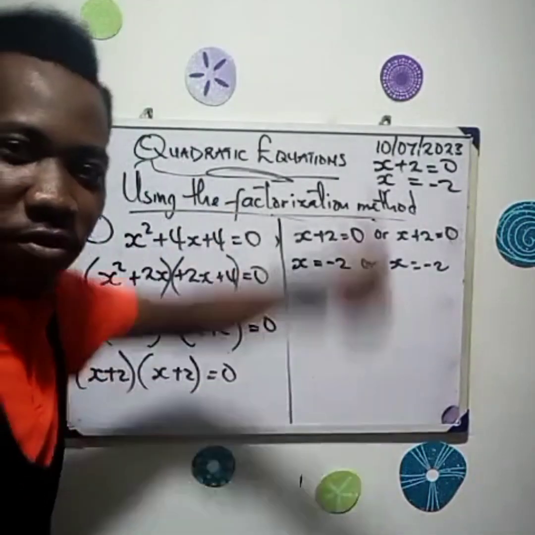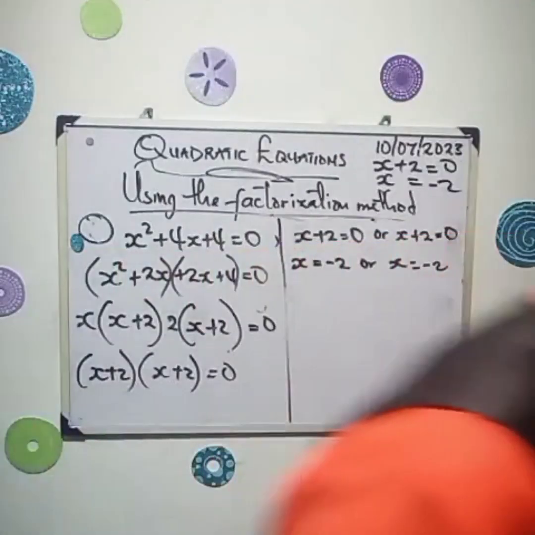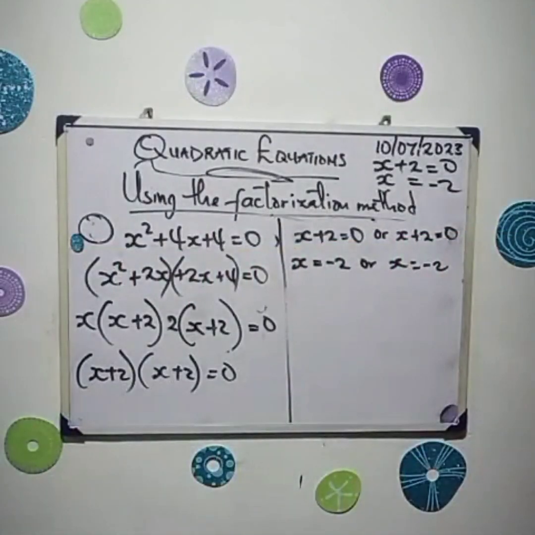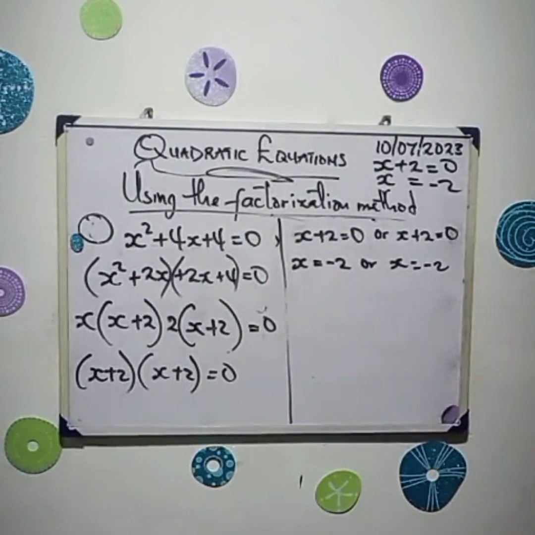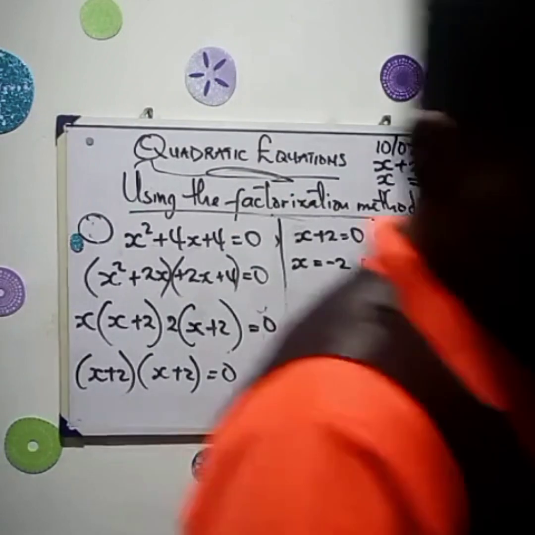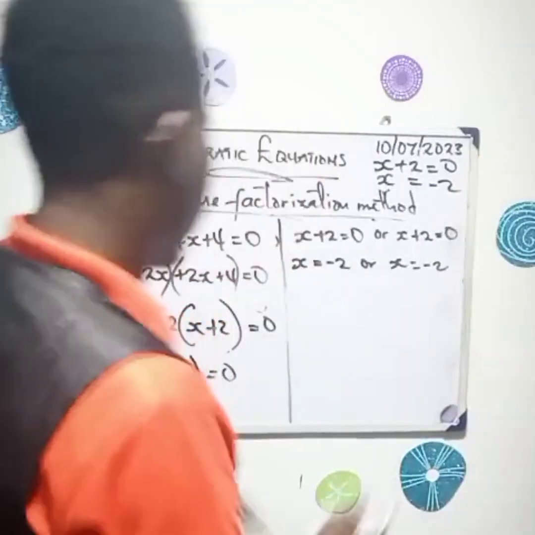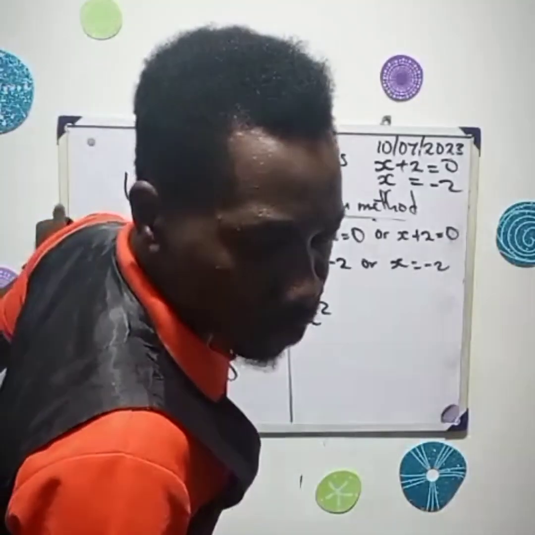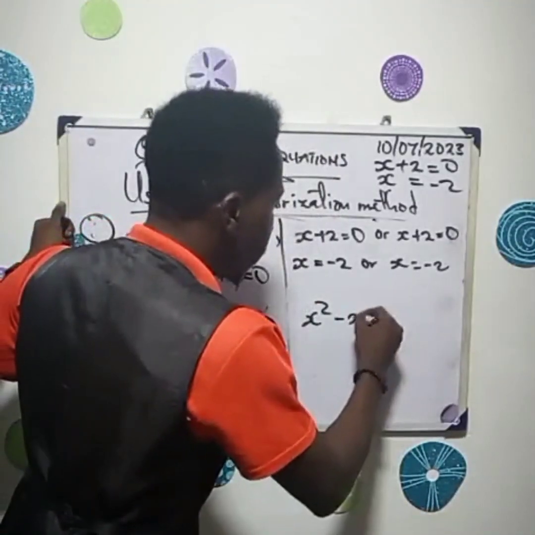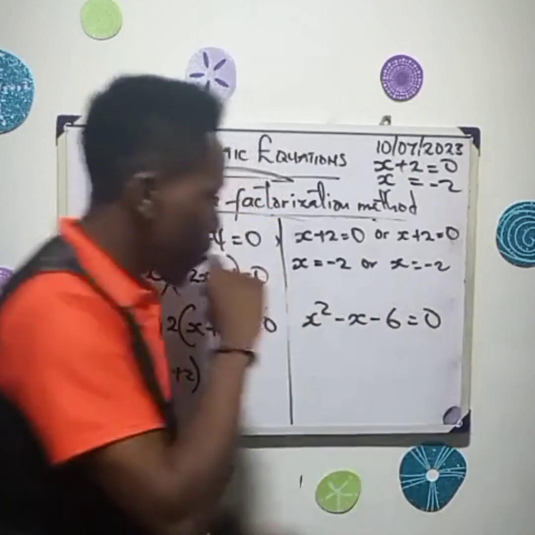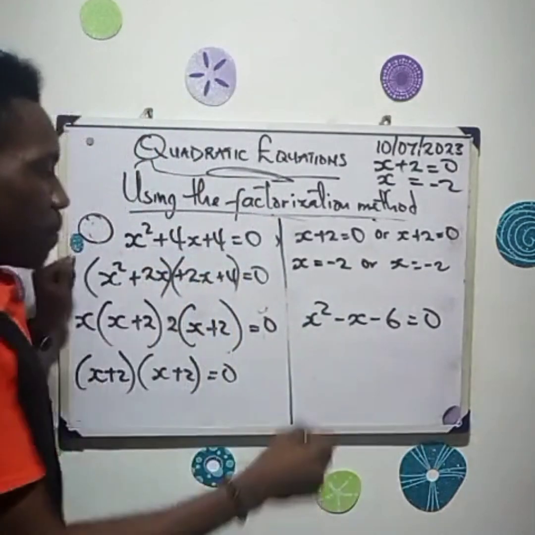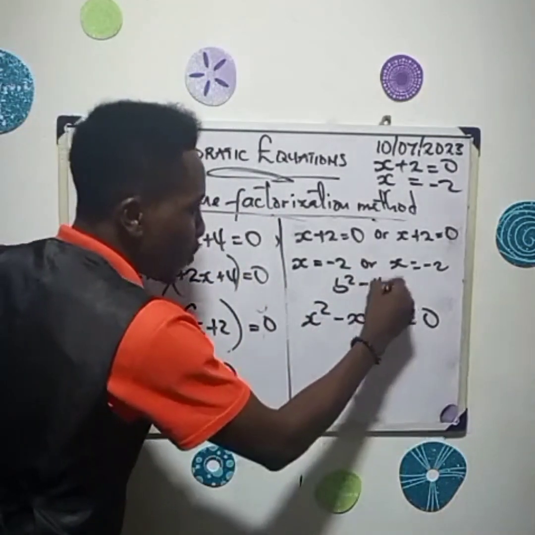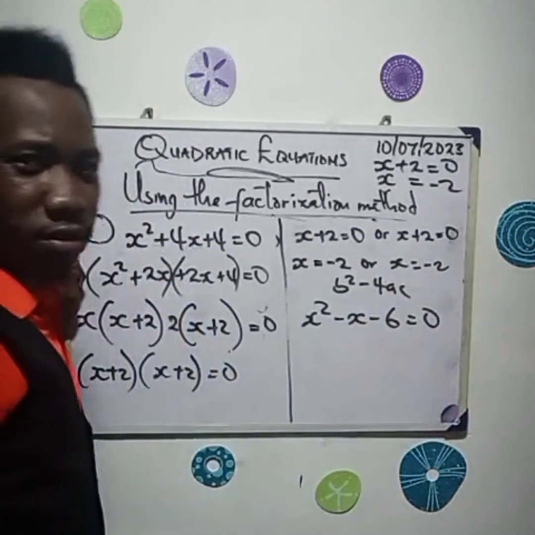Even that first one, let me see if I can get that first equation. The first equation we had here was x squared minus x minus 6 equals 0. I hope so, yeah? So let's apply that b squared minus 4ac. I guess we're going to have 0 also.